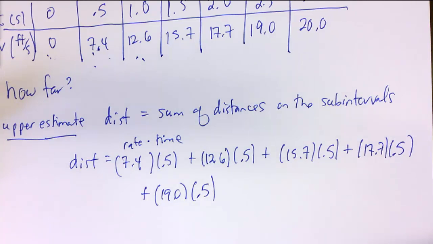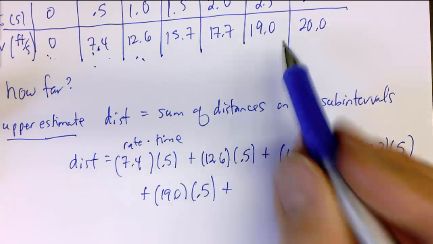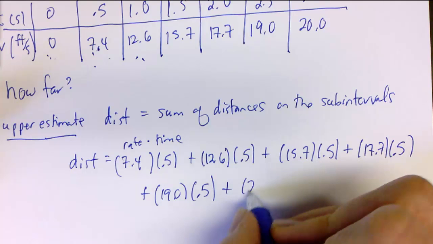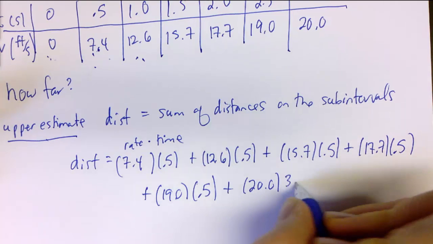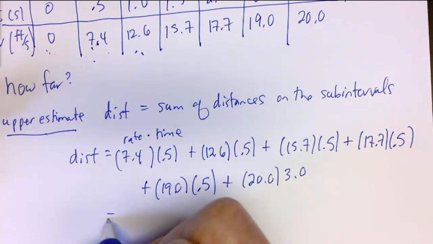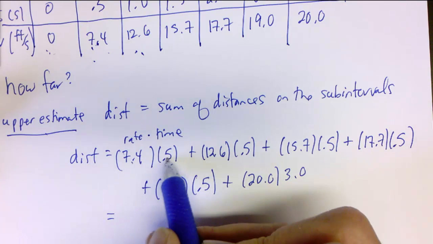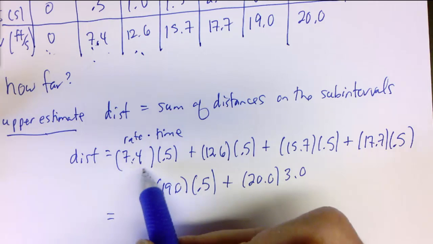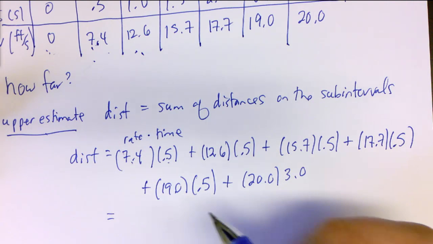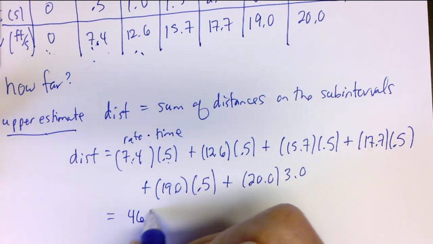We'll use that velocity for 1/2 a second. This is an overestimate because we're using her maximum velocity on each subinterval. If you do the math, it's not hard to check that. We have feet per second times seconds. The seconds cancel, and so we have 7.4 times 0.5, or 3.7 feet. If you add those all up, we get 46.2 feet.